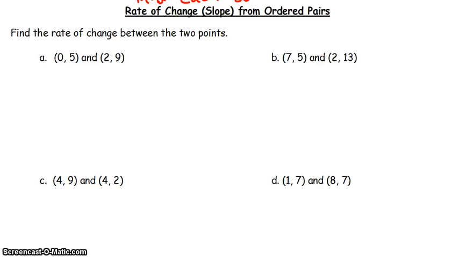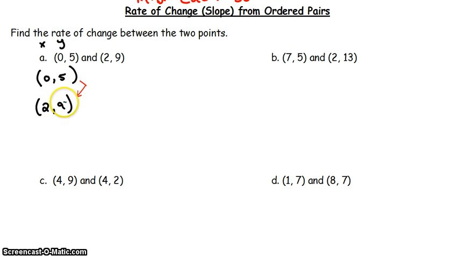But all tables are really just ordered pairs stacked on top of each other. So what we would do is take your two ordered pairs and write them vertically. Stack them on top of each other. 0, 5, and 2, 9 here. Really, you've just created an X, Y table here. And you can now find your rate of change the same way.